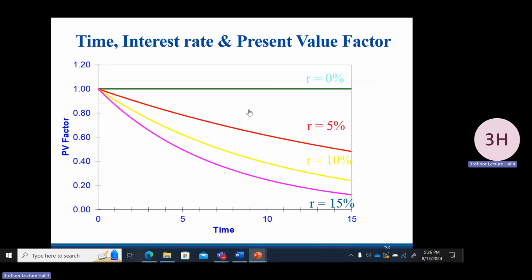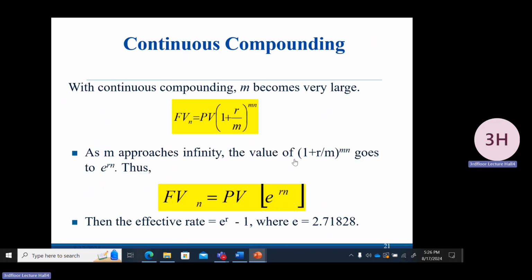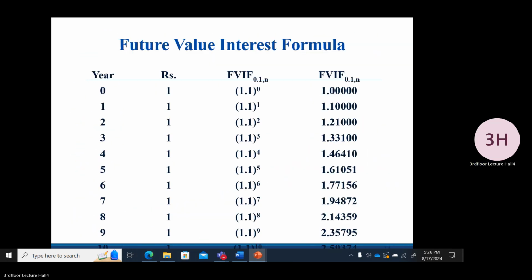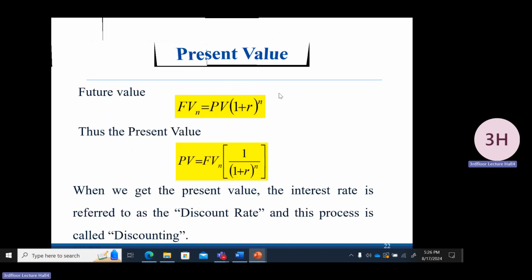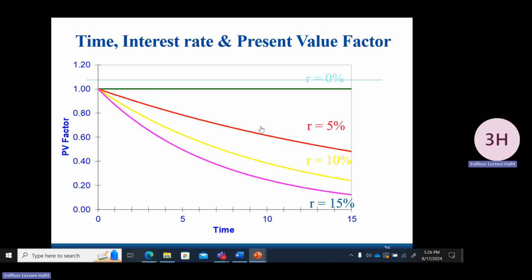Right, now look at this one. Earlier, this was the diagram: this is the future value interest factor. Now this is the present value interest factor, so opposite to the previous one. You can see 0%, 5%, 10%, 15%.